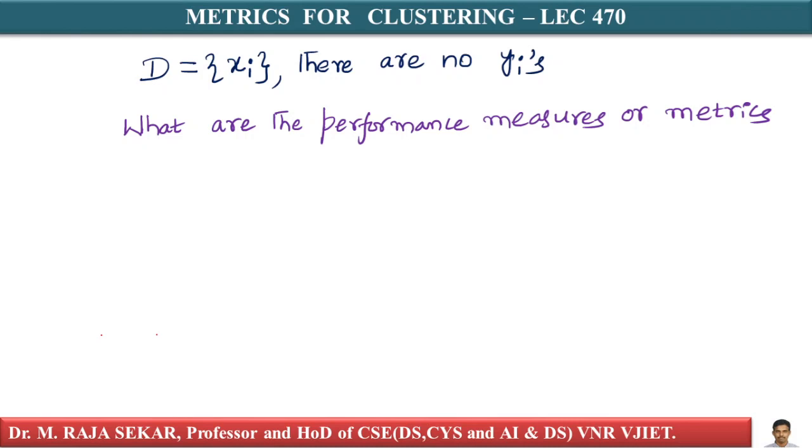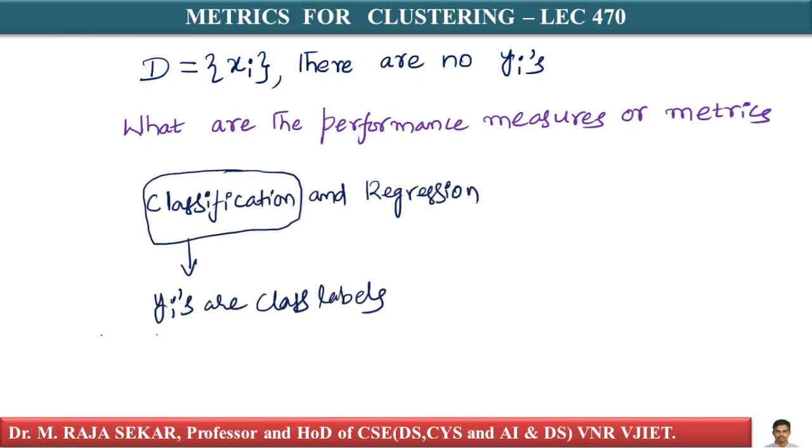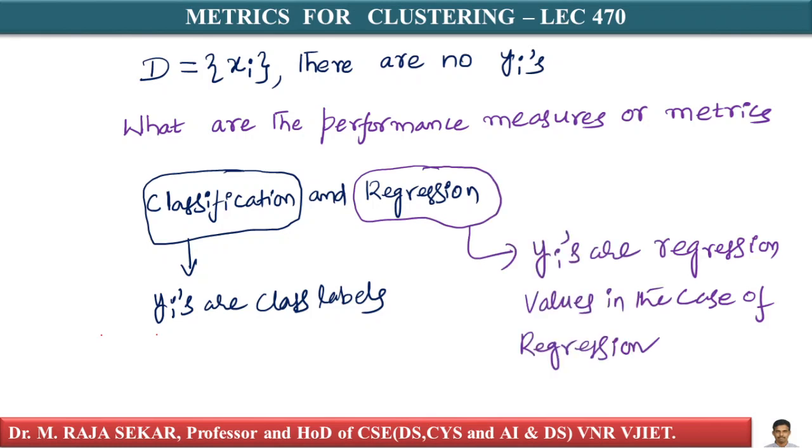It is a very important problem, because for classification and regression we have seen a bunch of metrics and all of them use your yi's. Yi's are also called class labels in the case of classification and regression values in the case of regression.